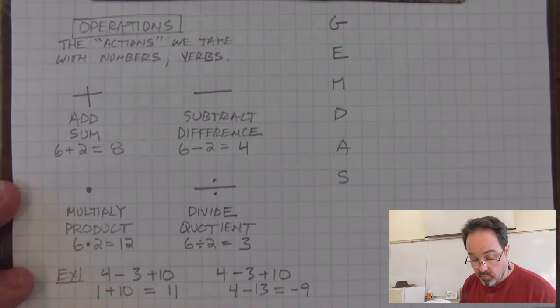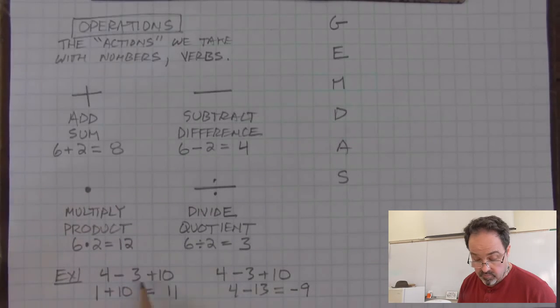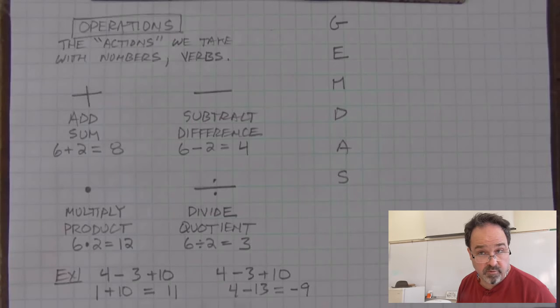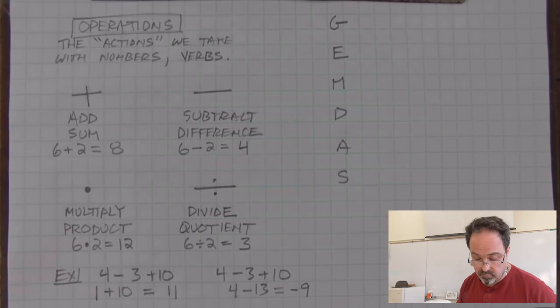Which is the correct way to proceed with this problem? There's one answer that's considered correct because it would be the answer that everybody else in the world would be expected to get.